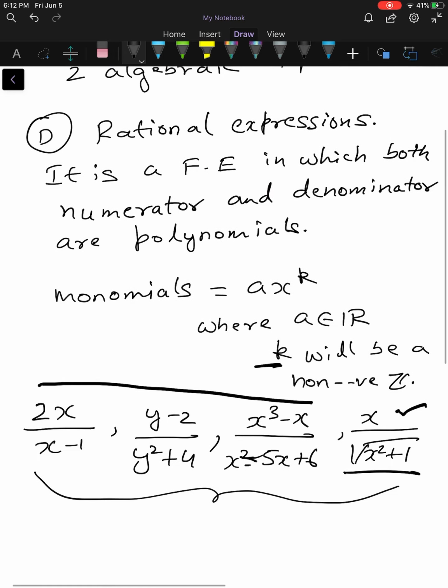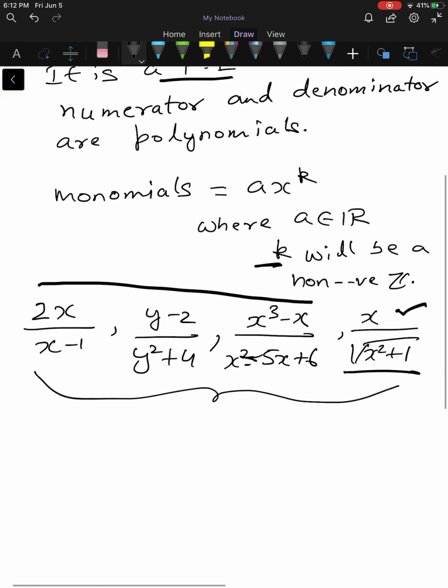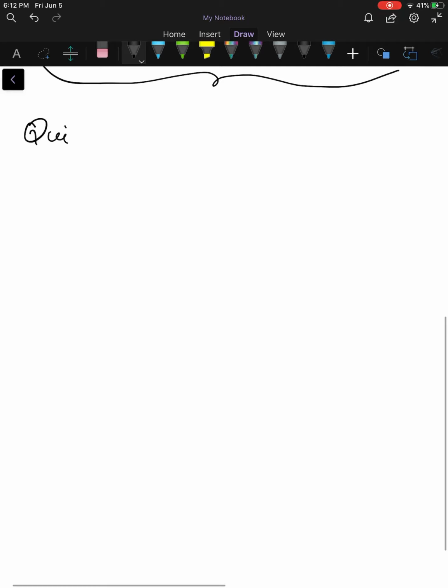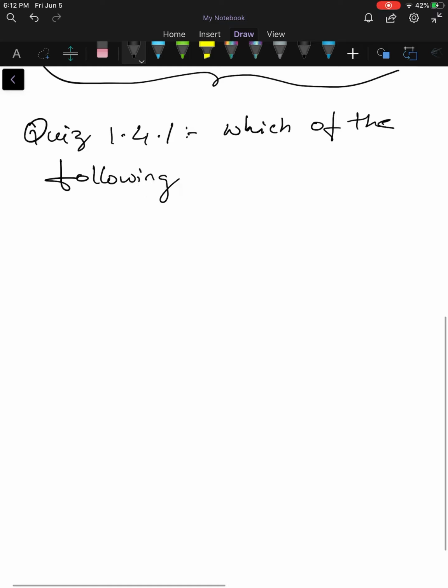And if you look at the definition carefully, it means that every rational expression is a fractional expression, but every fractional expression need not be a rational expression. For that, this is a very good example. So now is your quiz 1.4.1. Which of the following are rational expressions?